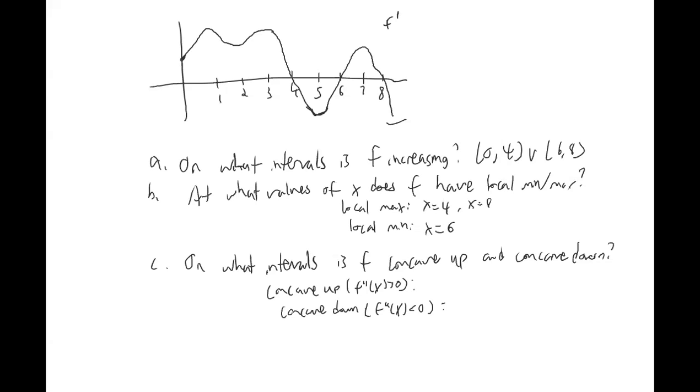So you need to relate f double prime with f prime. So how are f prime and f double prime related? Again, because they give you the graph of f prime.